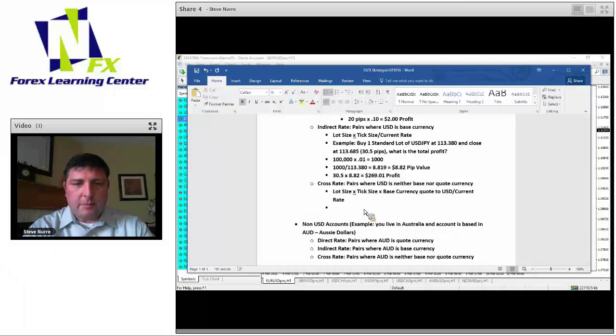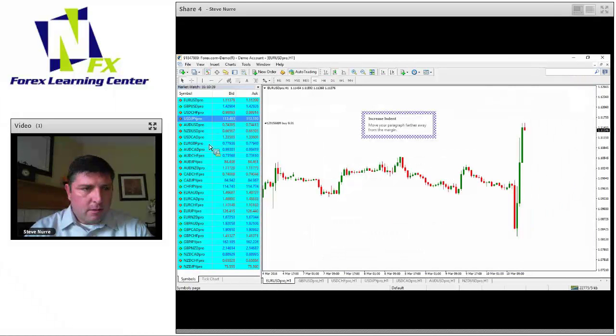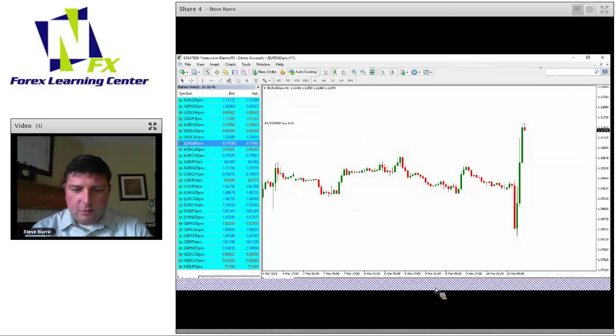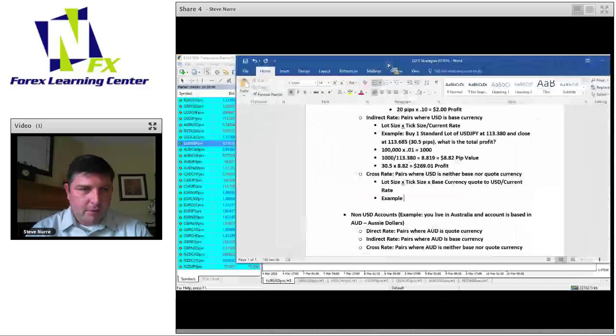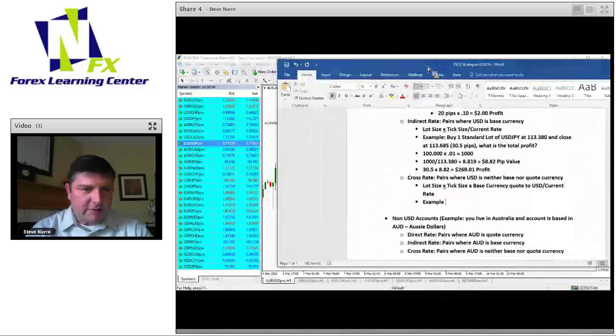So an example here, let's go for the euro pound. We'll do another example with the euro pound. The euro pound is at 0.77950.